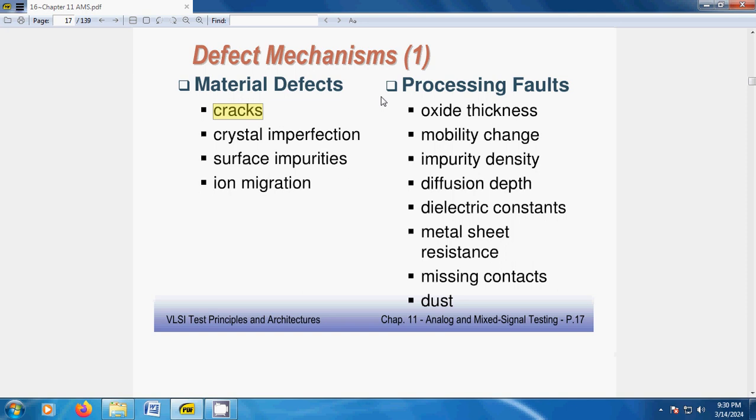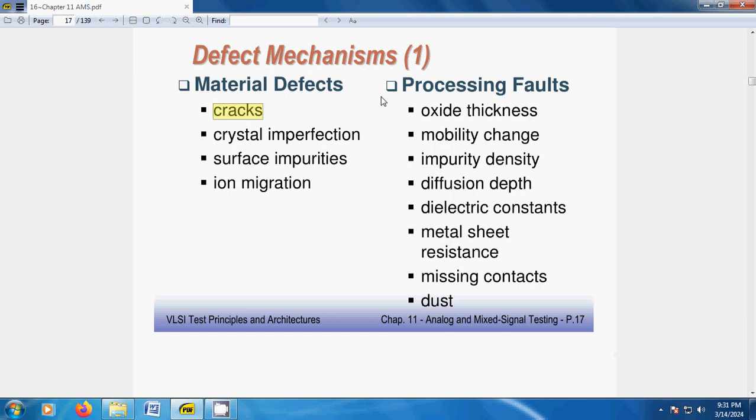One material expands to a particular extent and another layer can expand more than the other. So if two different layers expand differently for the same temperature, it may lead to some sort of crack in the lattice or crystal structure.